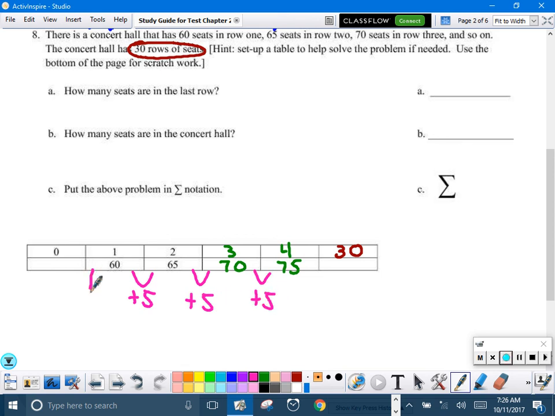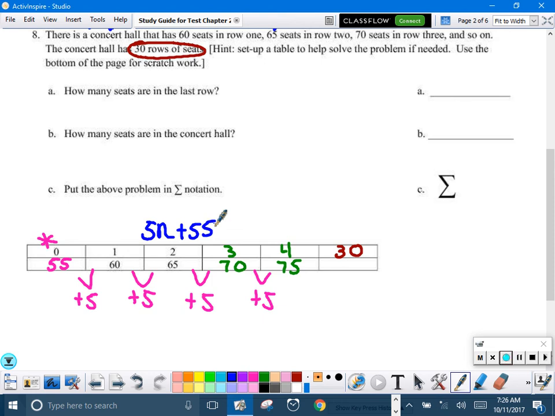I'm going to go backwards. If there was a row 0, there would be 55 seats in row 0. Again, there is no such thing as a row 0, but if there was, there would be 55 seats there. Just like on the front page, I've got everything that I need for my formula. It's 5n plus 55. The pattern is 5, so 5n, and then the number under the 0 is 55.